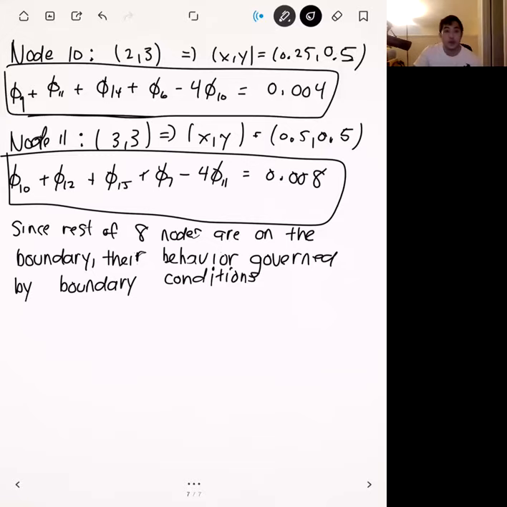For the boundary conditions, we don't actually use the finite difference scheme. We just apply whatever boundary condition is there.